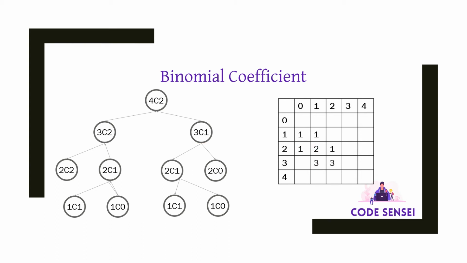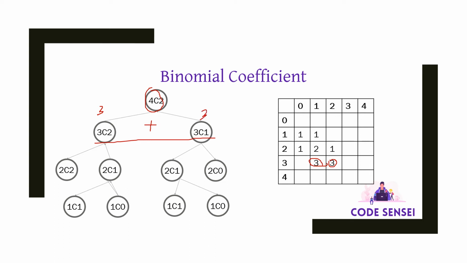So now finally we are going to find the value of 4C2, which is the sum of 3C2 and 3C1. So what will be the value for 3C2 plus 3C1? We can first look into the table for the value of 3C2. The value is 3 for 3C2, and similarly the value is 3 for 3C1.